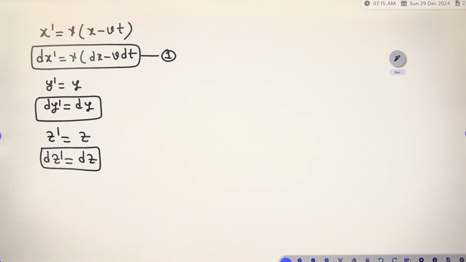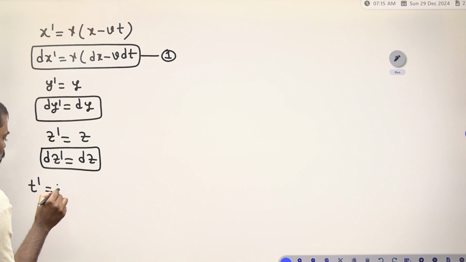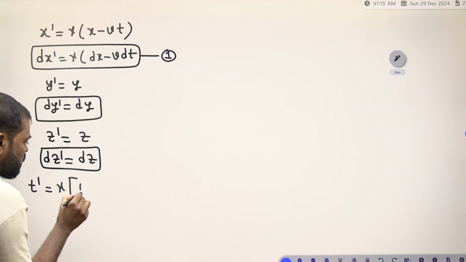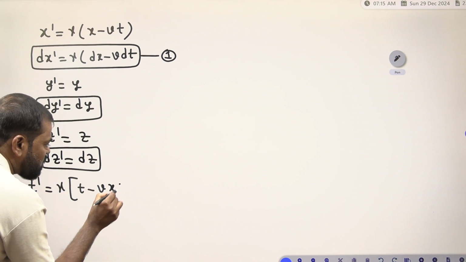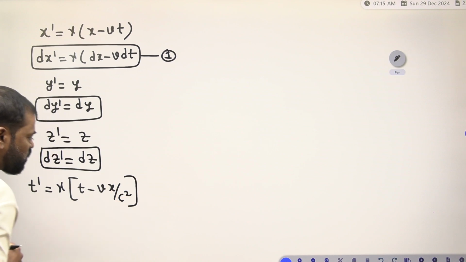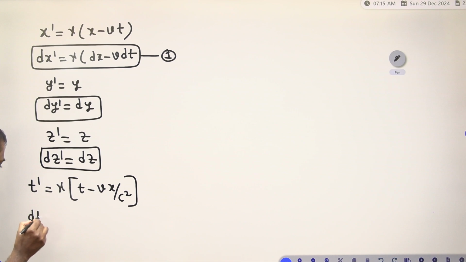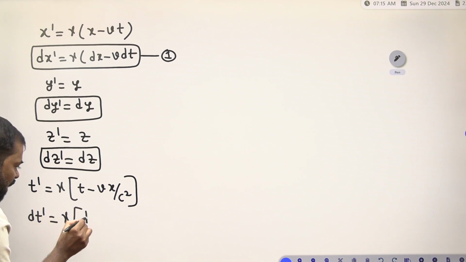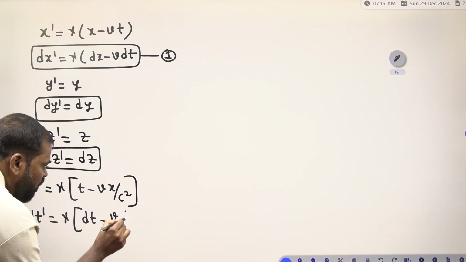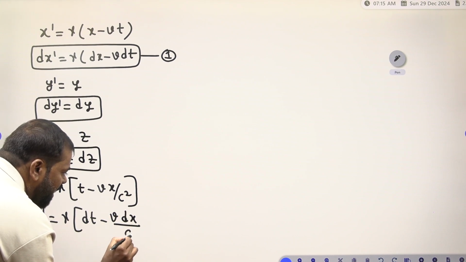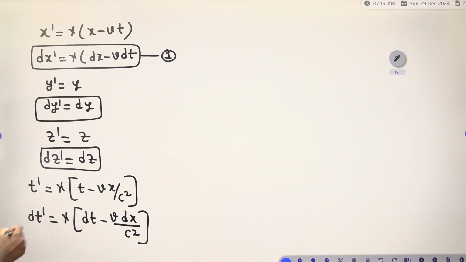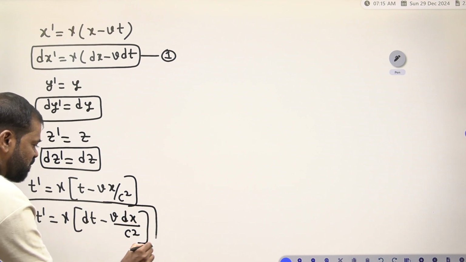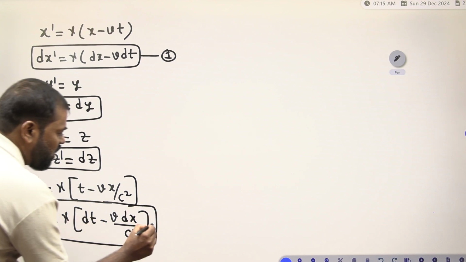Now t dash is equal to gamma into t minus v x by c square. Differentiating implicitly, dt dash is equal to gamma into dt minus v into dx by c square. This is equation number 2.